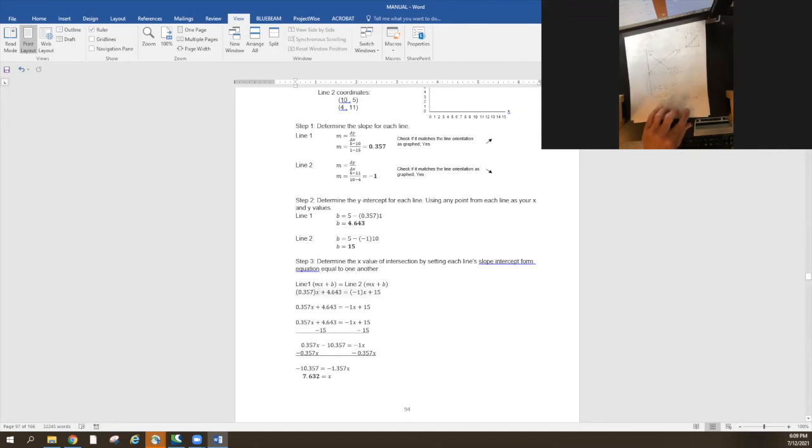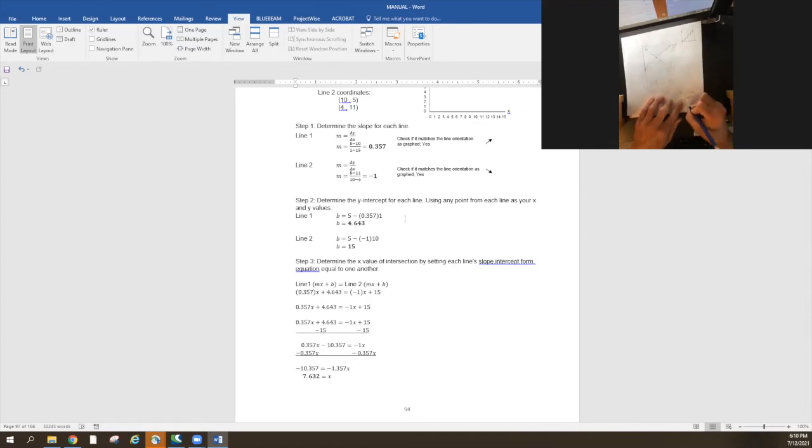Make sure I'm doing this right. Okay, so I have B. You just pick any point you want. We only know 2 for this line, so I have my Y value and my X value.